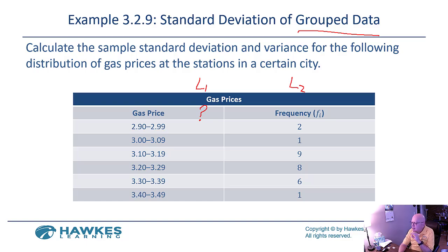And if you want a tiny challenge, you could put those in L3 and these in L4 and just do the same thing, just using different lists. Just a small challenge, a very small one. Unnecessary, but you could try it.